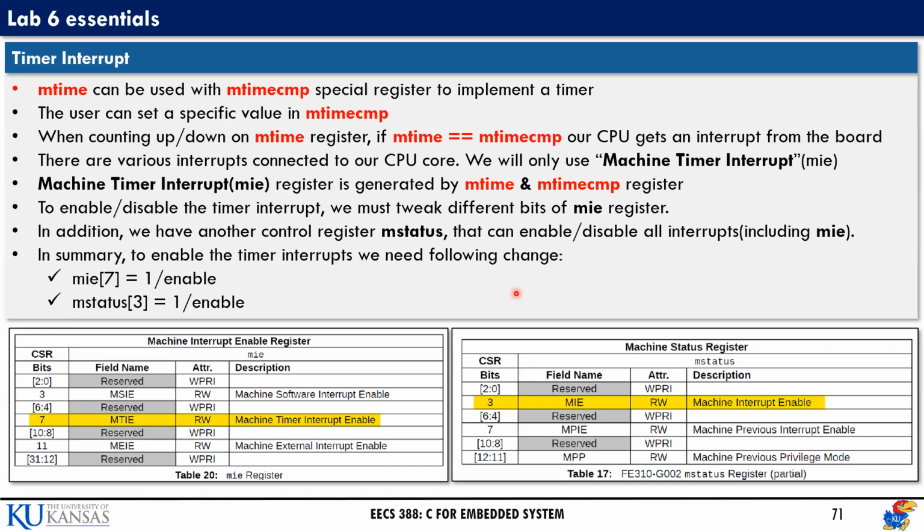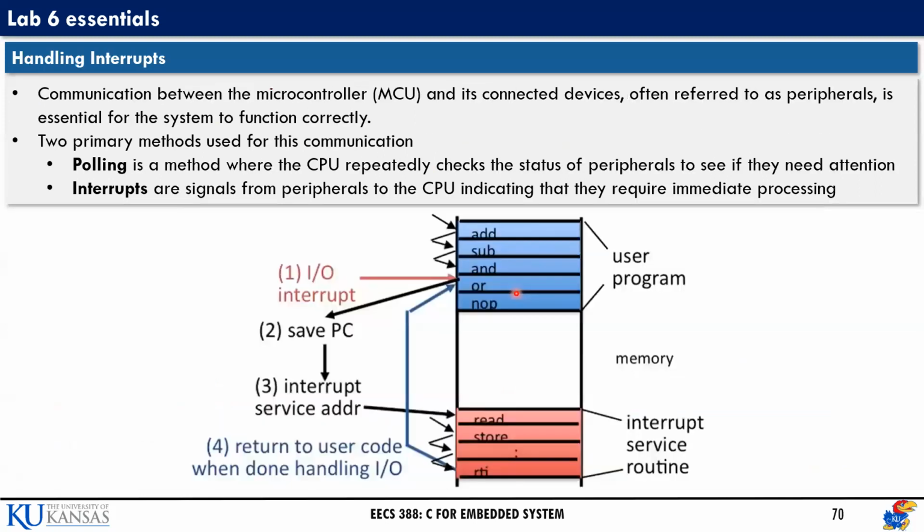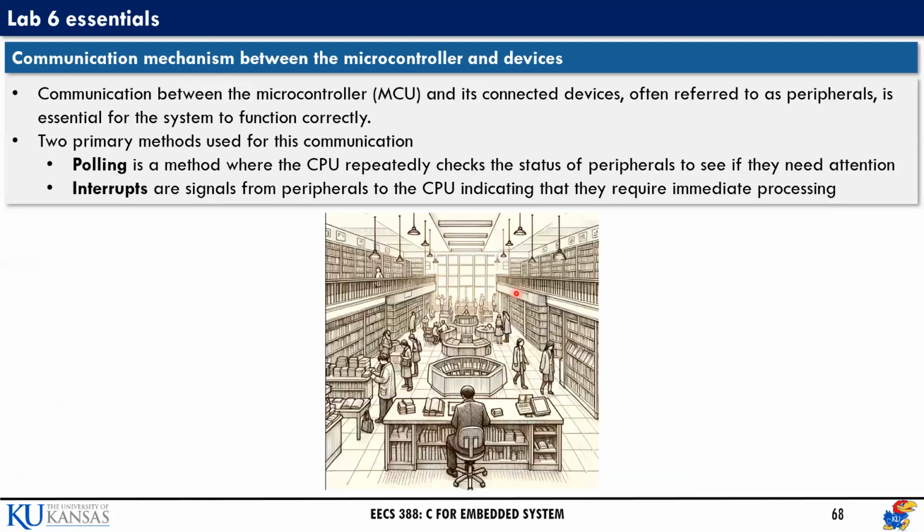So here, please remember, we are not talking about seconds or milliseconds or any time. The M time or M time compare can only hold the value as a cycle, right? Because we can calculate the time from the cycle. So we have to always think about the cycle. If I want to add 1 second in the M time compare, we have to set the value that is equivalent to 1 second.